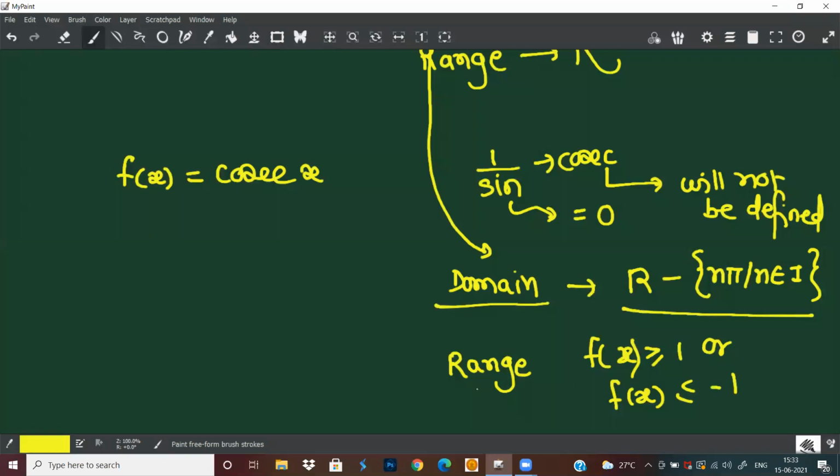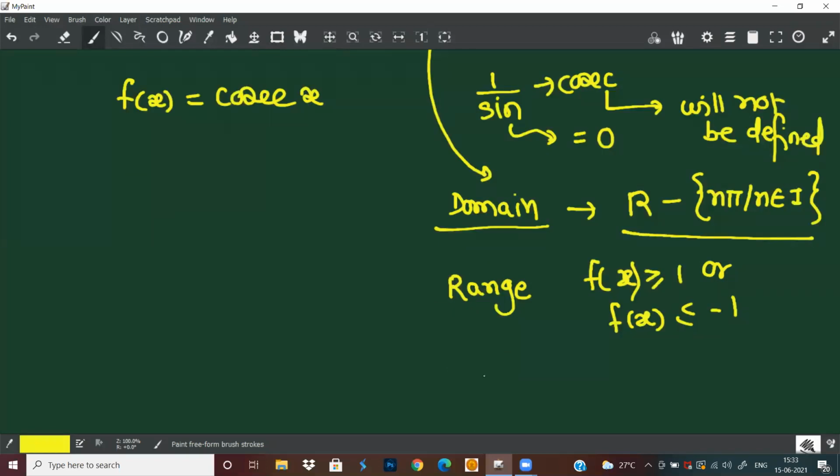So how do we write it? या तो 1 से बड़ा होगा या so it is R. This will be the range.